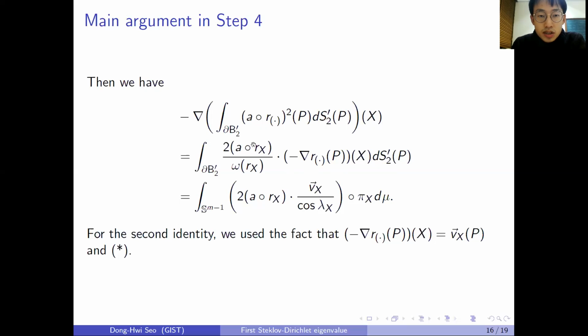Here we use the derivative of a in r is 1 over omega r. And then we can show that the minus gradient of the radial distance function is a direction from x, and also we use the infinitesimal area formula, then we obtain the second identity.